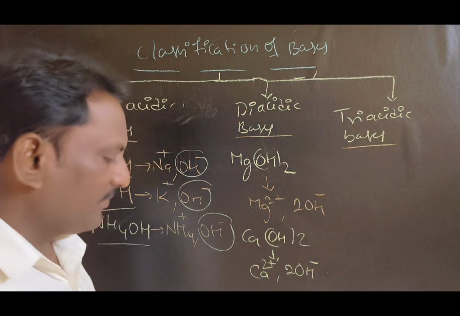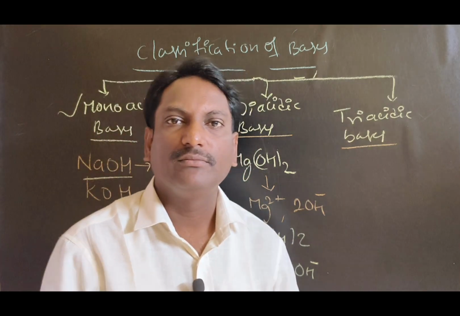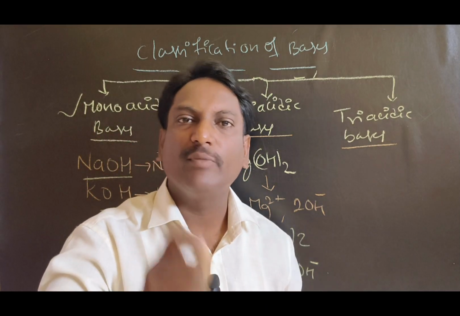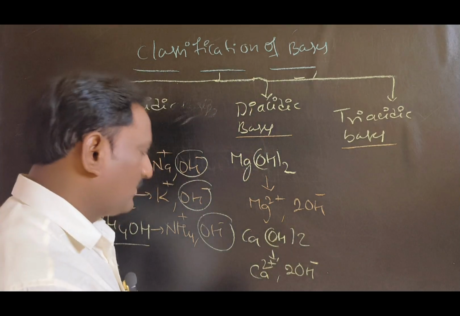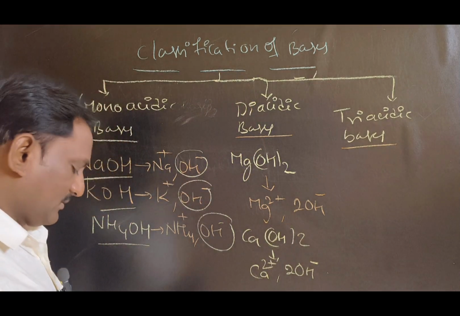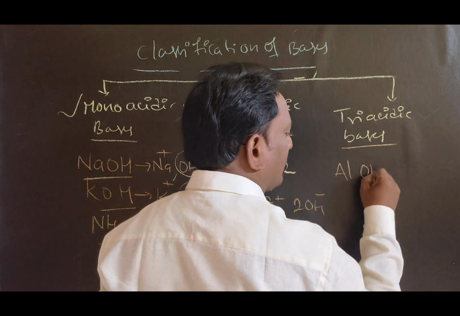Next one, triacidic bases. That means those bases are ready to produce 3 OH minus ions per molecule when they are dropped in water. Example, aluminum hydroxide.